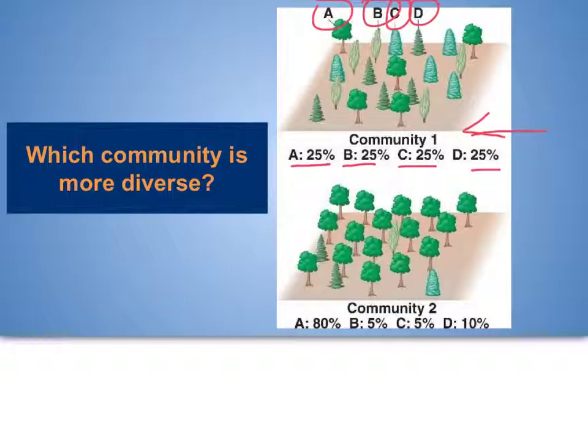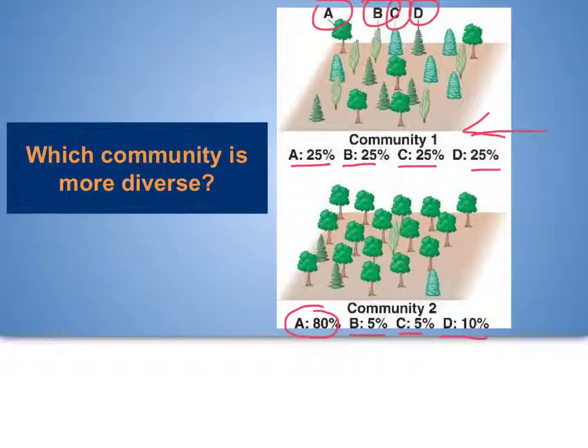Okay, let's take a look at community 2. In community 2, with the naked eye, you can see that species A is much more abundant than the other 3 species. You'll notice that species A has a relative abundance of 80%. 80% of all of the individuals in this community are members of species A. Species B and C both have a relative abundance of 5% of the total community, and species D has a relative abundance of 10% in the community.